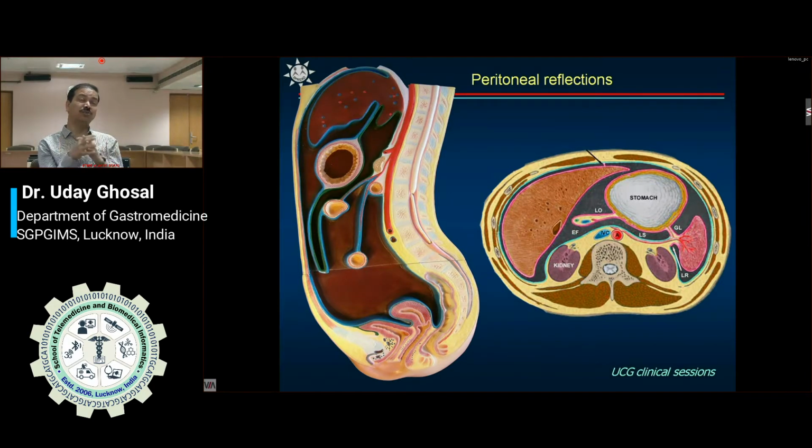The adrenal is retroperitoneal. The third part of the duodenum is retroperitoneal. The ascending colon is retroperitoneal. The descending colon is retroperitoneal. So you can see in the cross-sectional anatomy given on the right side what structures are retroperitoneal. The aorta, IVC, kidney, suprarenal and pancreas are retroperitoneal. So we are trying to differentiate whether the lump is intraperitoneal or retroperitoneal.